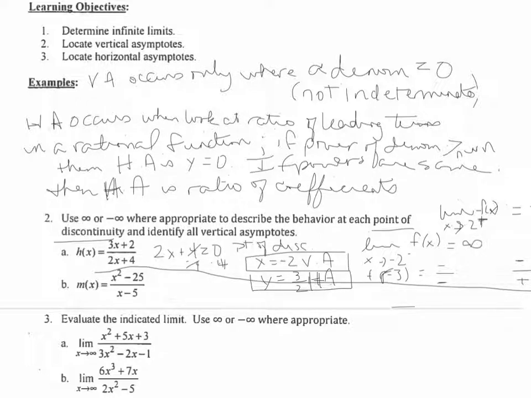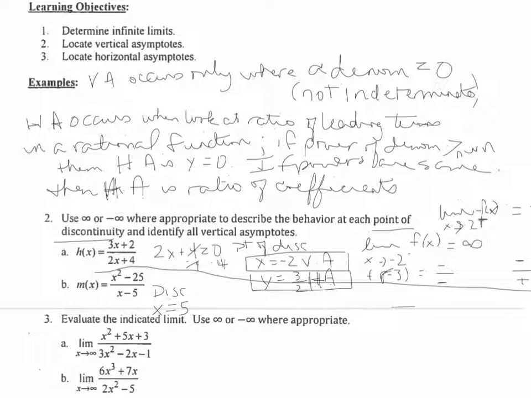Okay? Now, what about this next one? Do I have a point of discontinuity? I do. When x equals 5. Is it a vertical asymptote? No, because if I plug in 5, I get a 0 on top over 0 on bottom.